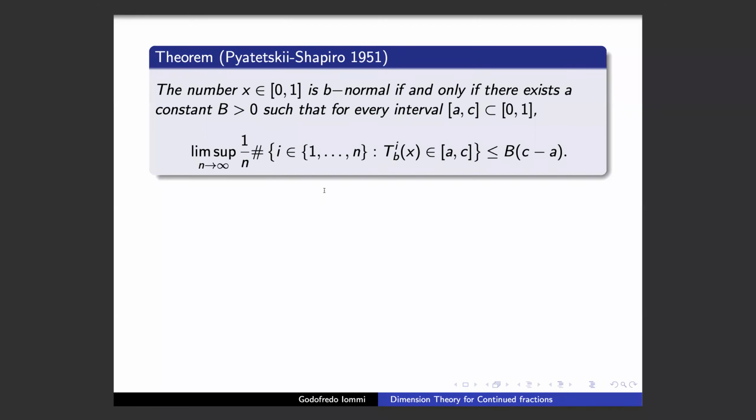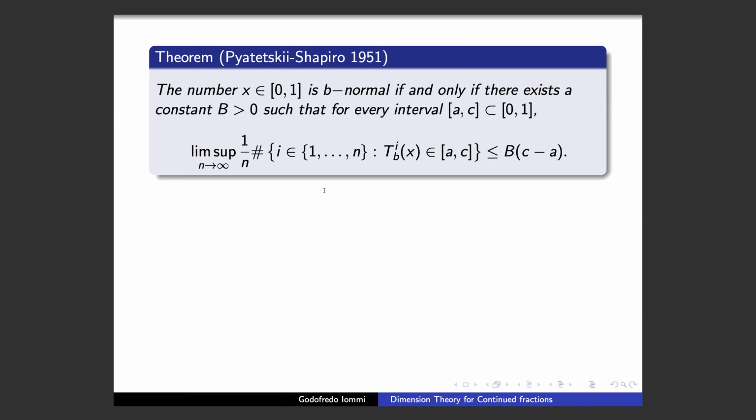You compute the frequency of that, and the lim sup of that frequency is bounded above by the constant times the Lebesgue measure of that closed interval. A normal number satisfies that condition, so it is an equivalence.